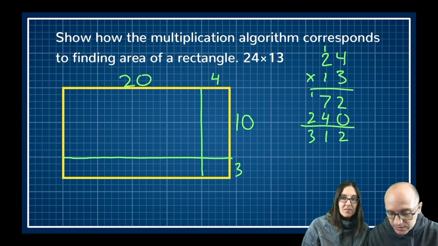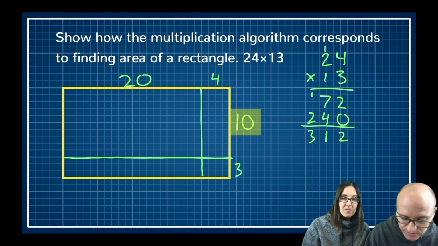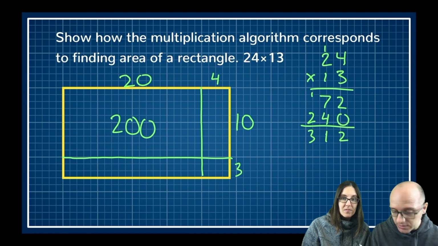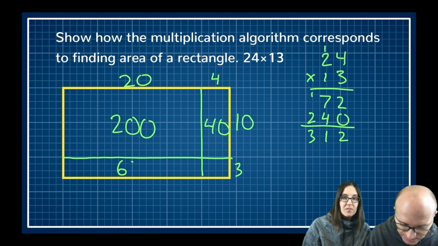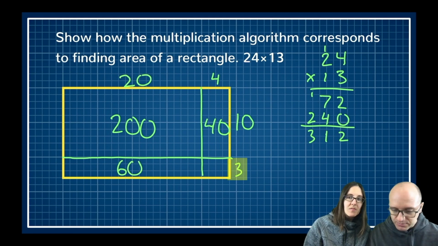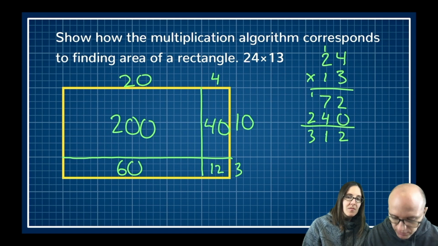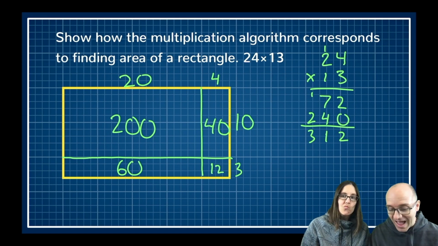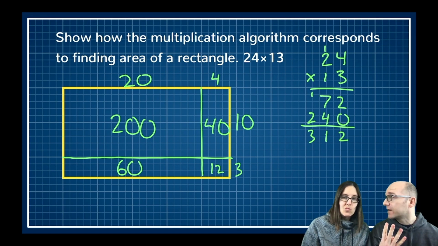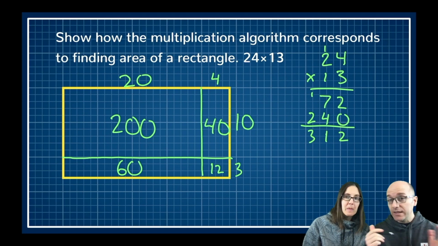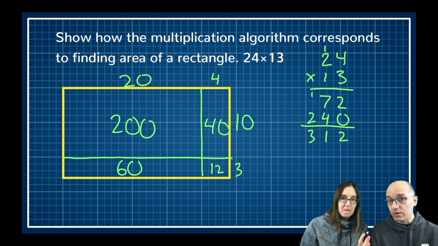20 times 10, so that would be 200. 4 times 10 is 40. 3 times 20 is 60. And 3 times 4 is 12. If we add up the 4 rectangles there, the total area should equal 312 units if we have done it right.